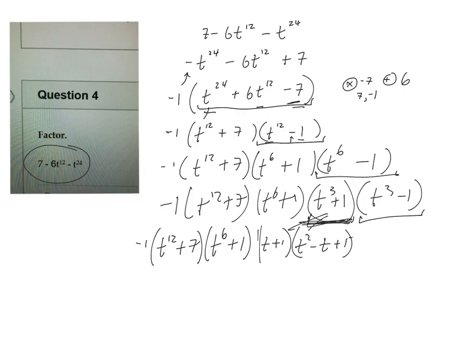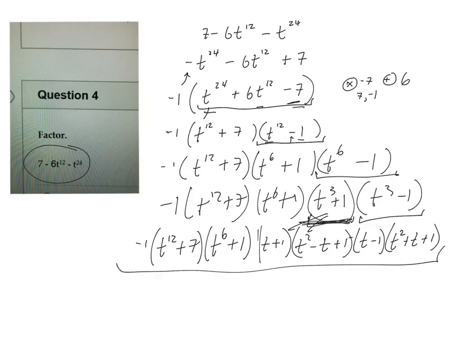Okay, so that is for the sum of cubes, and then the difference of cubes is t minus 1 and t squared plus t plus 1. I think that works out. So that would be the total factorization of that thing up top. That's a big one. Don't expect one like that on the final.